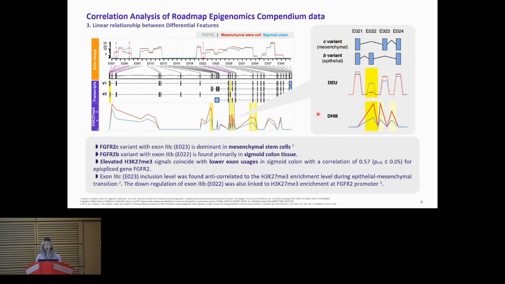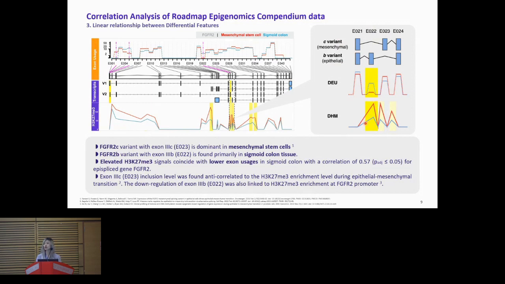And then the result of our analysis pointed to an anti-correlation between this histone mark H3K27M3 and exon usage. As you can see here, the red line is going up while the exon usage specifically goes down.